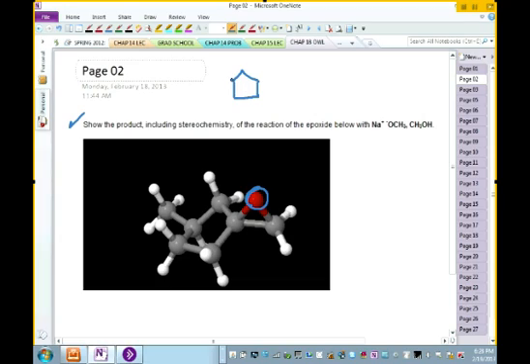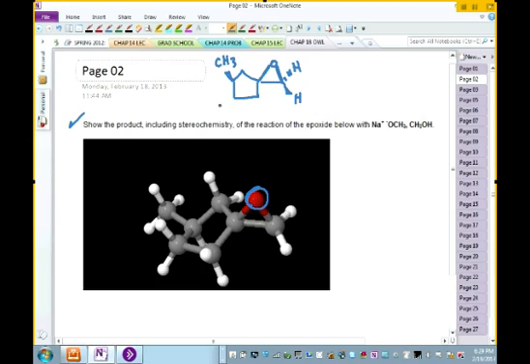In that 5-member ring, the methyl is coming at you, and right here you have the oxygen, and one hydrogen going away, another hydrogen coming at you.